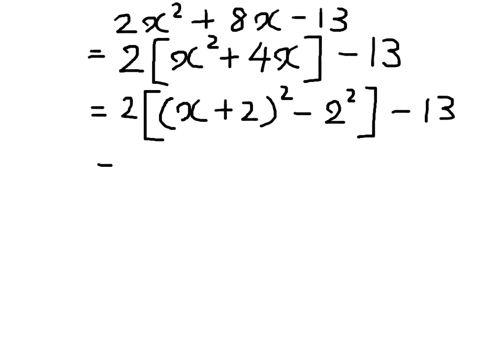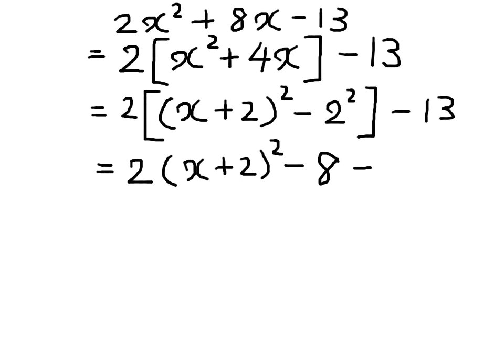Next line. We're going to expand the square bracket, so I'm going to have 2 times x plus 2 squared, and you have to do 2 times 2 squared. So your next line will go 2 round bracket x plus 2 squared, and here 2 squared, and there's a minus sign there, so I'm going to write minus 4 times 2 is 8.